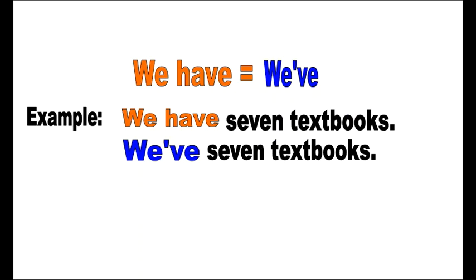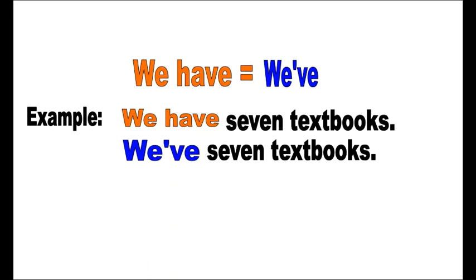The contraction of we have can be written as we've. Example: we have 7 textbooks. We've 7 textbooks. It doesn't change the meaning, it doesn't change the quality of the sentence.